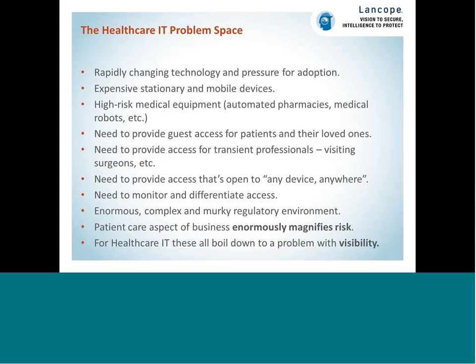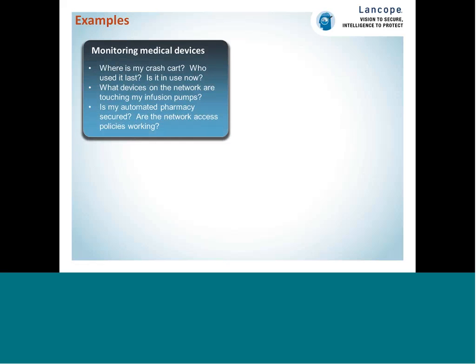What are my servers doing, et cetera. We really need to be able to see these things to be able to affect them and effectively deploy policy. So, examples: we have the example of monitoring medical devices. As I mentioned already, a tremendous number of devices now in the healthcare environment are on the IT network.